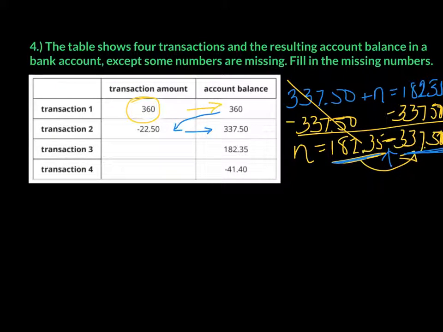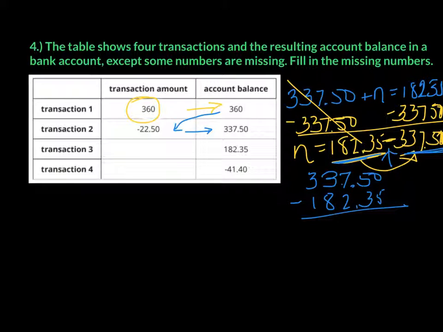I'd end up with a positive and a negative, and I need to find their difference. So I'm going to end up with 337.50 minus 182.35.